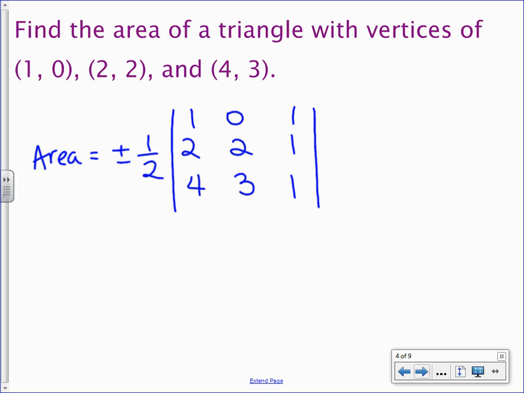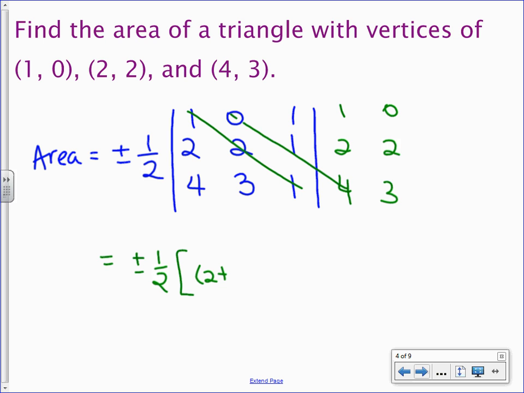Okay. So, let's go ahead and evaluate our determinant. Okay. So, first set of diagonals, what do we get here? We get 2 plus 0 plus 6. Right? Minus, what do we get here? Thank you.